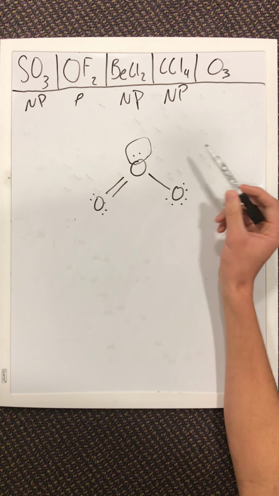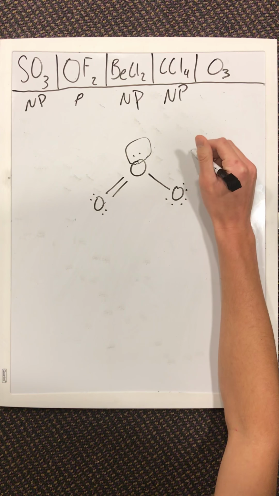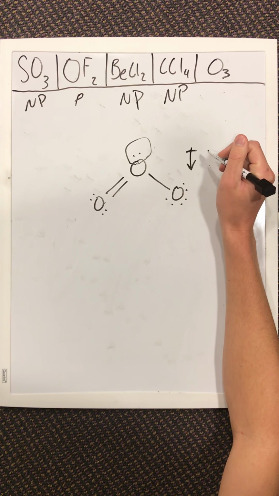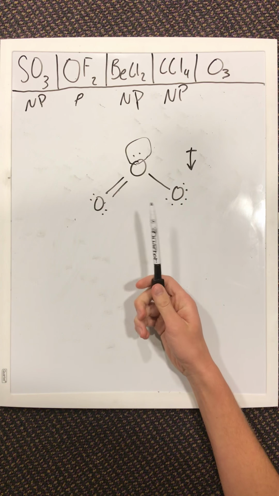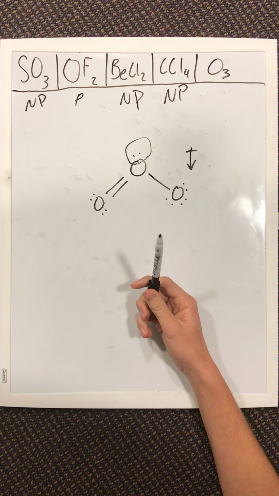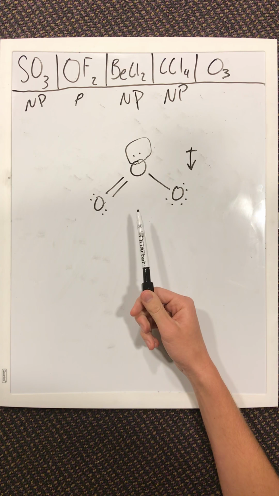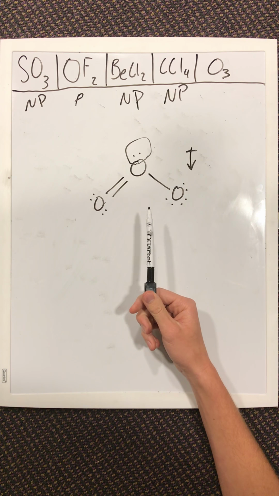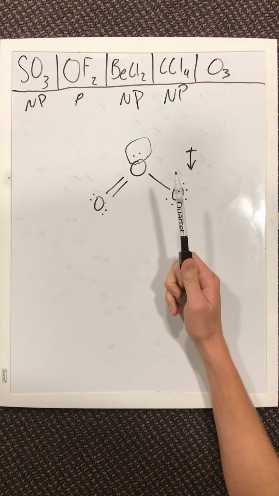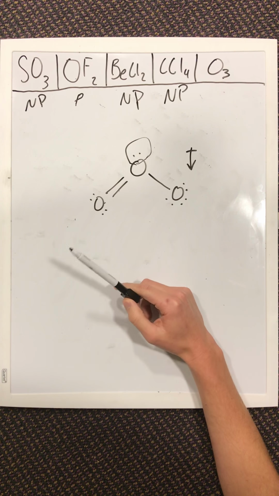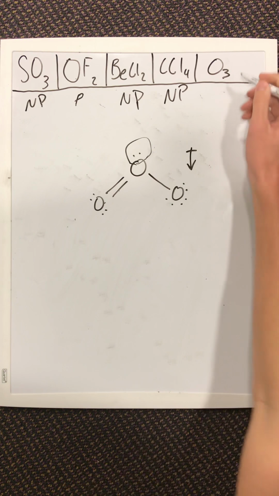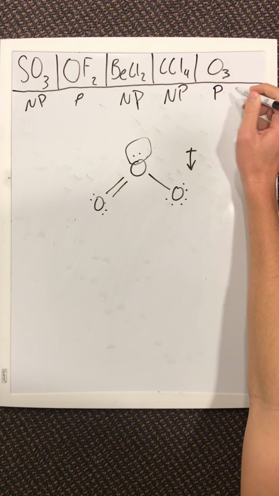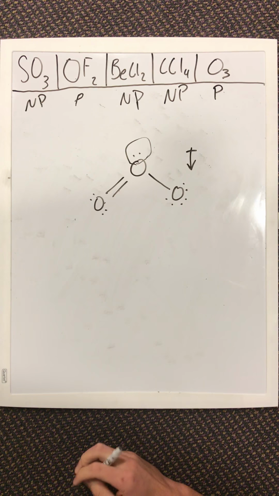Since these are not all equivalent, we're actually going to get a net molecular dipole that goes down like this, basically because it has a bent molecular geometry due to the lone pair on the trigonal planar domain geometry. So we finish up with this, a dipole pointing down like this, making O3 a polar molecule.